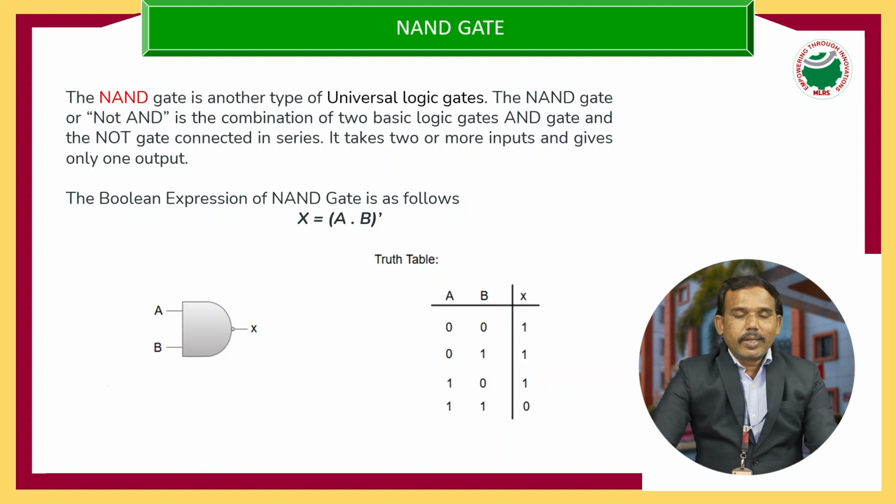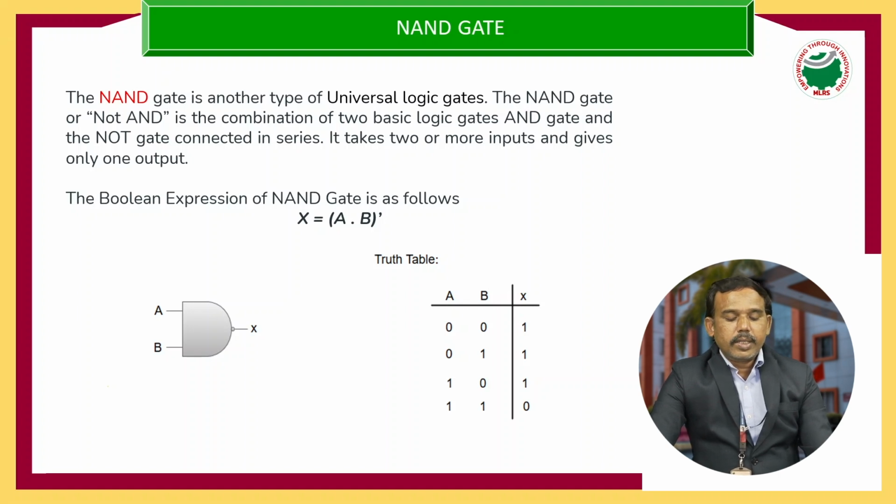Now, the NAND gate. The NAND gate is another type of universal logic gate. It is a combination of the NOT and AND gates, two basic logic gates connected in series. It takes two or more inputs and gives only one output. The Boolean expression can be written as X equal to (A multiplied by B) complement.